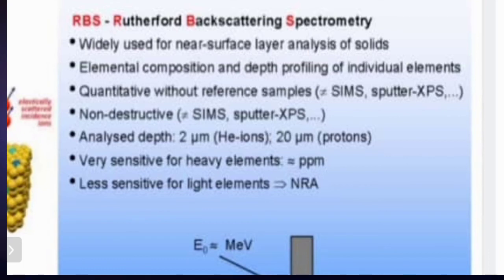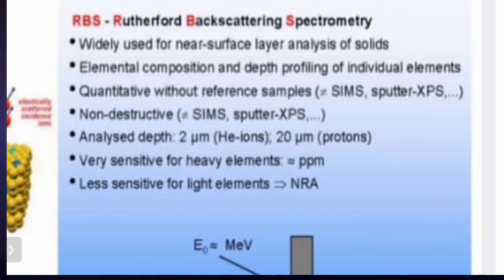Once the ions penetrate, their energy is reduced, so that can also be used to determine the depth of those particular ions. That will be useful for depth profiling.